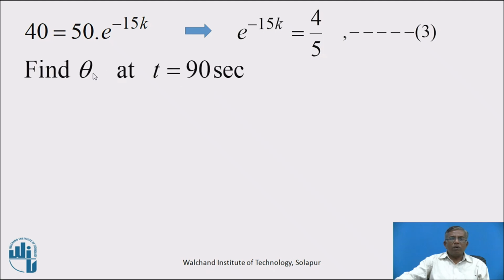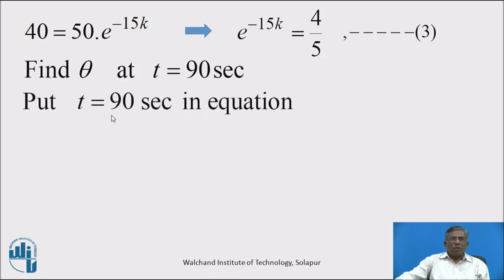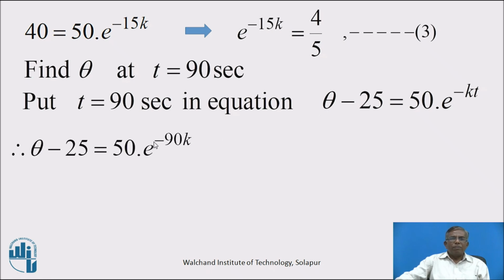Now we have to find the value of theta at time t equal to 90 seconds. For that, put t equal to 90 in equation 1, that is in the equation theta minus 25 equal to 50 into e power minus kt. We get theta minus 25 is equal to 50 into e power minus 90k.